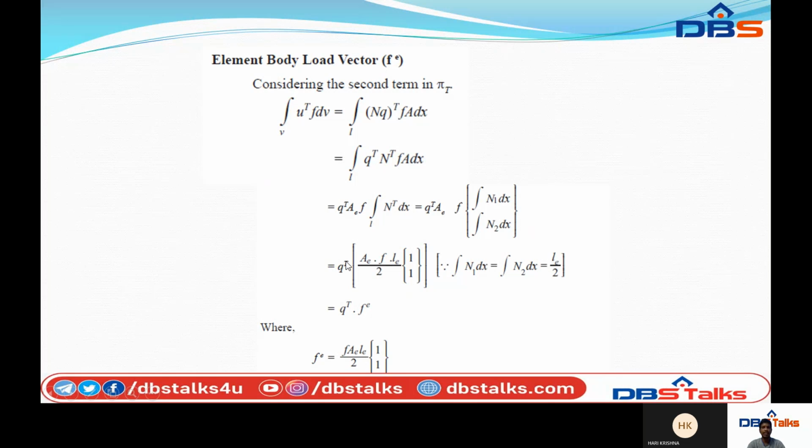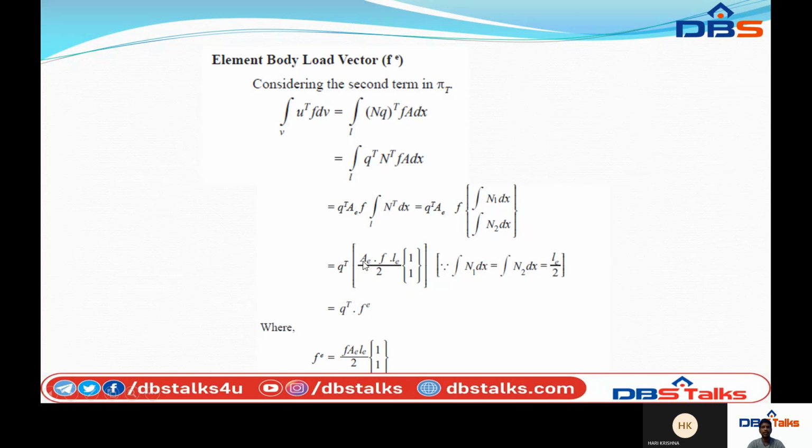Therefore, Q transpose is taken as common, and the remaining terms will be AF, then length L by 2, 1, 1. Here the integral of N1 dx equals the integral of N2 dx. These two parameters are the same, equal to LE by 2.